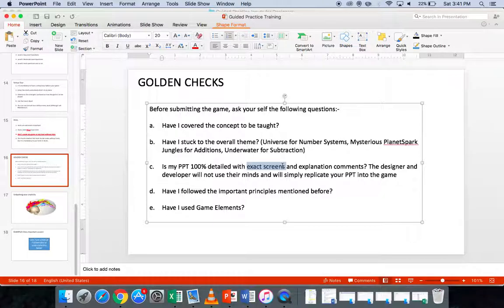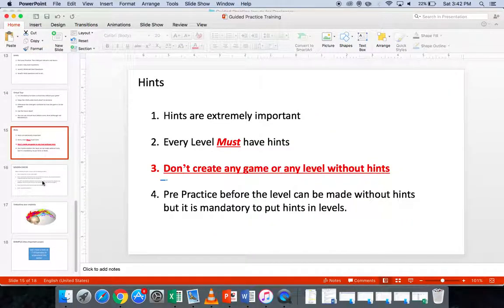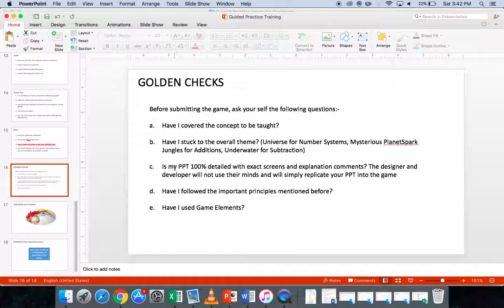The designer and developer will not use their minds and will simply replicate your PPT into the game. I already told you before as well that the designer and developer will not use their minds. Only this person is supposed to use the mind and create the game.